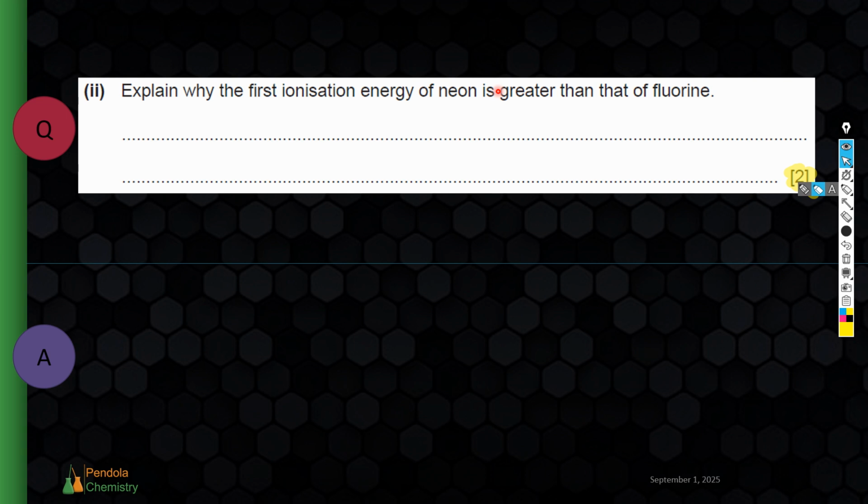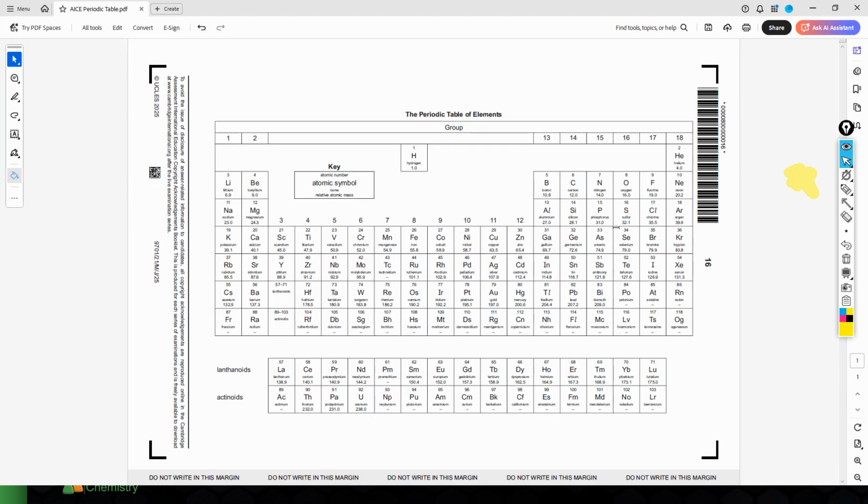So first of all, let's look at the periodic table to see where neon and fluorine are. Where do they fall on the periodic table? So if we bring up the periodic table, we're comparing fluorine, which is right here, element number 9, and neon, which is element number 10.